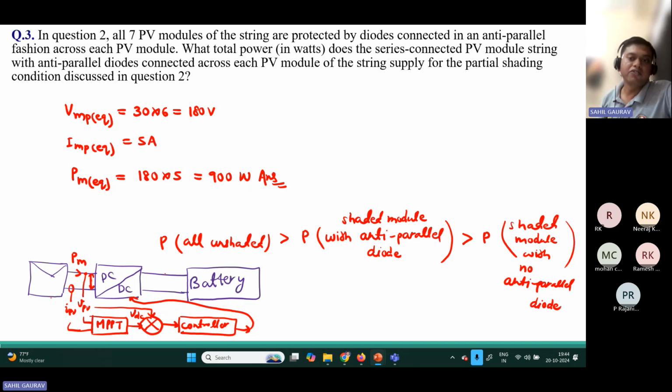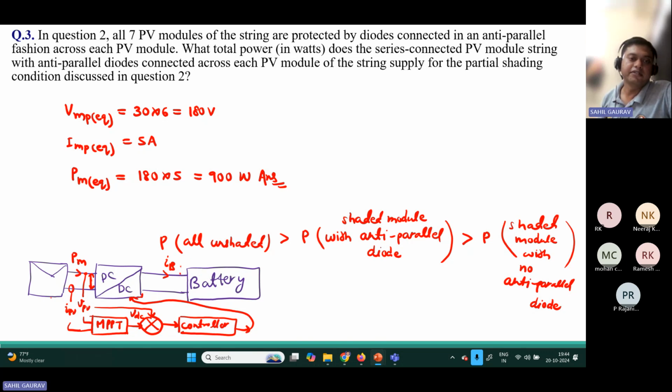Now you want to have a charge controller also. So for the charge controller, you have this battery, and we need to have a load also here.